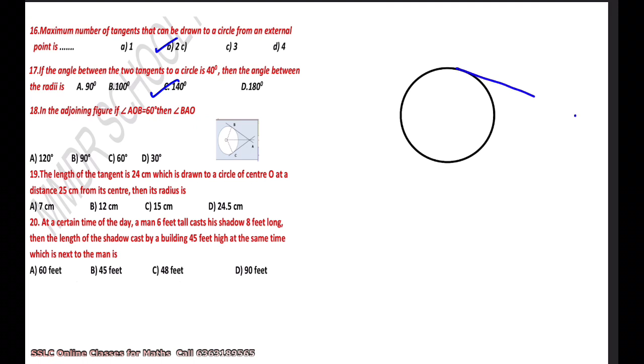From one point there are two tangents drawn to the circle. Then this is named as B, A, this is C, center O, and this is the bisector line, we can say, between BAC.